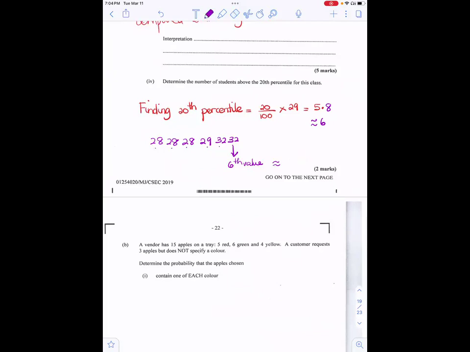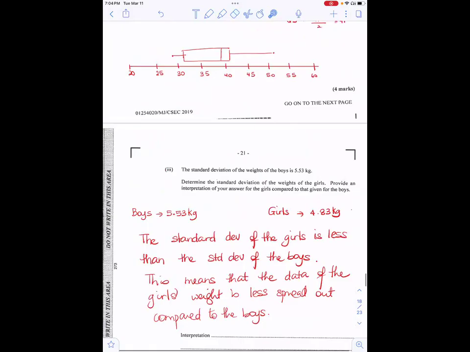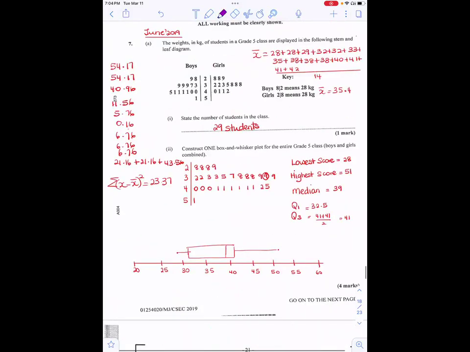So 22 minus, I'm going to add the numbers. 1, 2, 3, 4, 5, 6, 7, 8, 9, 10, 11, 12, 13, 14, 15, 16, 17, 18, 19, 20, 21, 22.